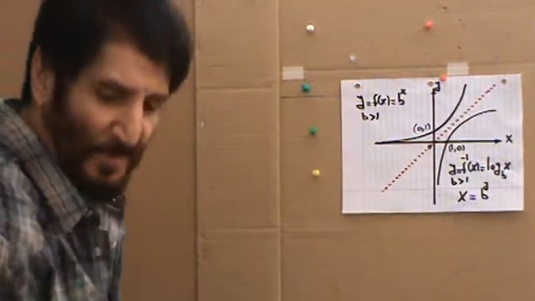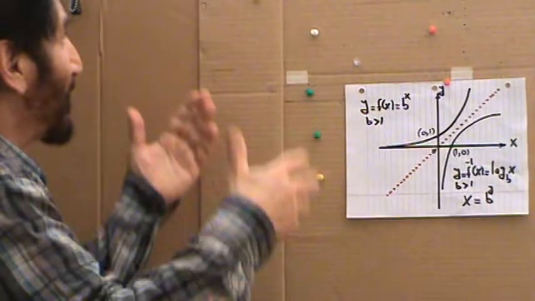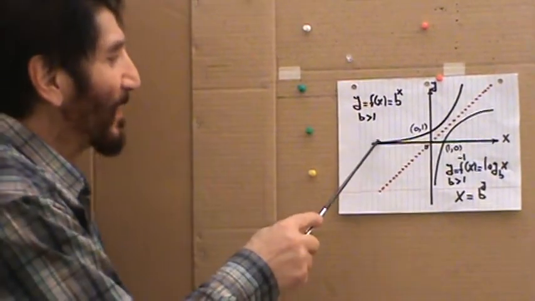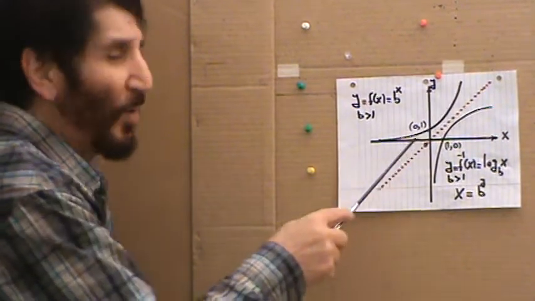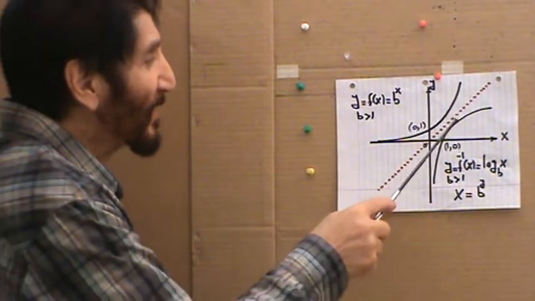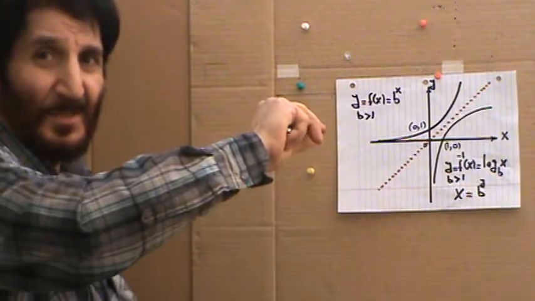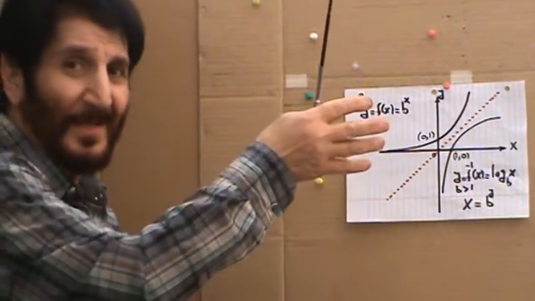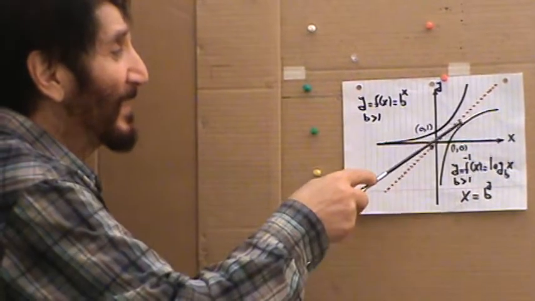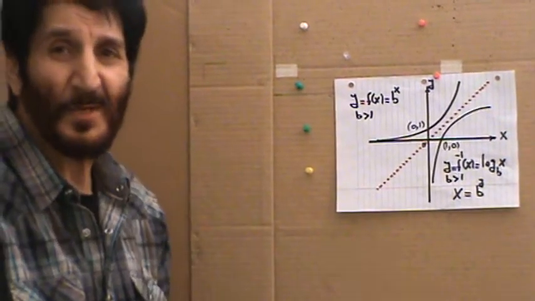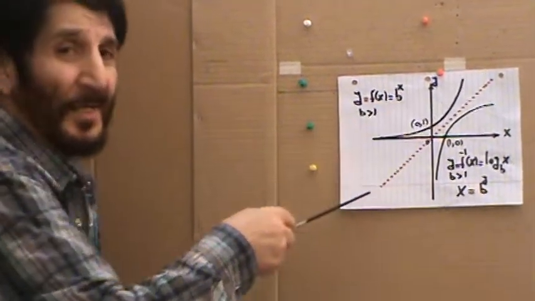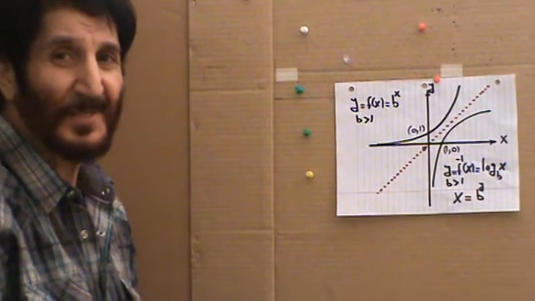And look at this one. Lo and behold, fantastic. This is the typical graph of a function with a base bigger than 1, and this is the inverse of that. As I said, rotate and reflect. In the previous lecture we said why it works that way. These two end up being mirror images of one another with respect to the line y equals x.